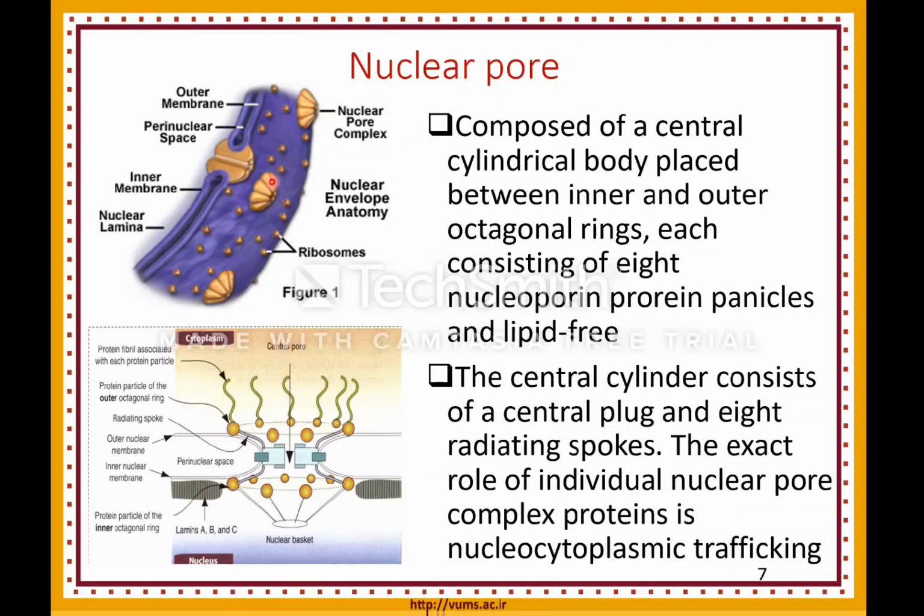The nuclear pore structure is composed of a central cylindrical body that is placed between the inner and outer membrane of the nucleus and consists of 8 nucleoporin proteins and is lipid-free. The pore includes 8 nucleoporins, which are one type of transmembrane protein.